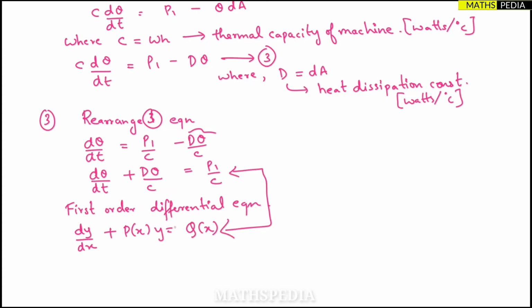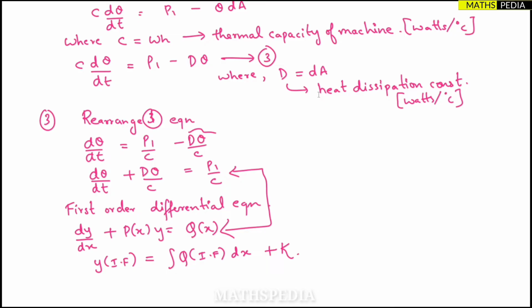Now in order to solve this first order differential equation, what all methods do we have? We are going to use the integrating factor method. So in that, what you have to do, y times the integrating factor is equal to the integral of q times the integrating factor dx plus the integrating constant k.